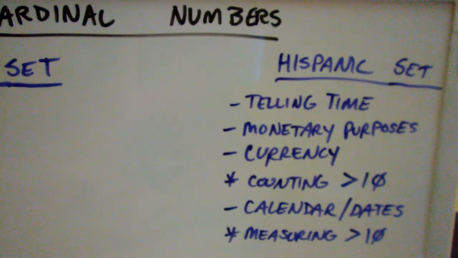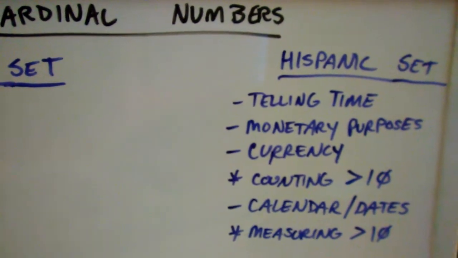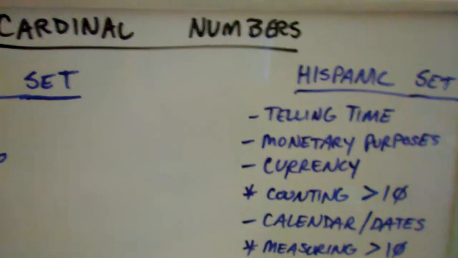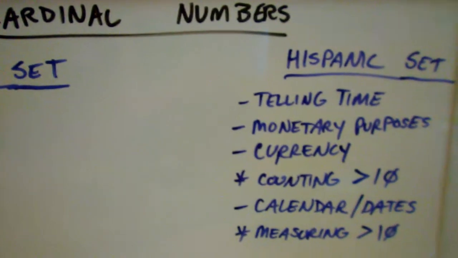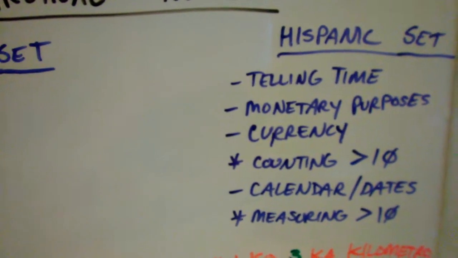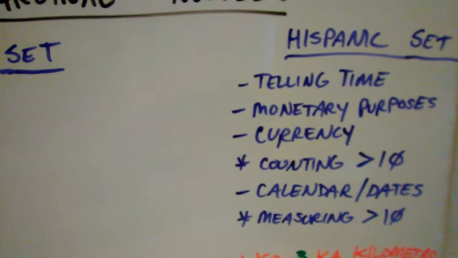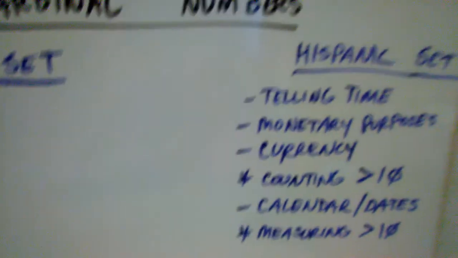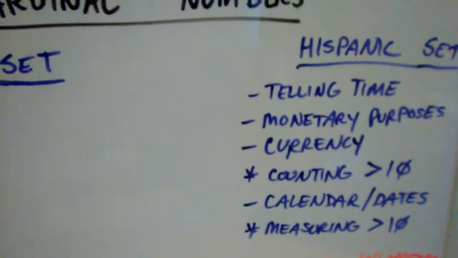So the Spaniards introduced calendars and dates and time as a concept, not time as in the position of the sun, but rather as in hours and in some rigid structure. So those kinds of concepts were introduced, and hence we use the Hispanic set.